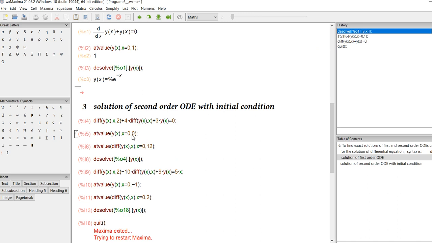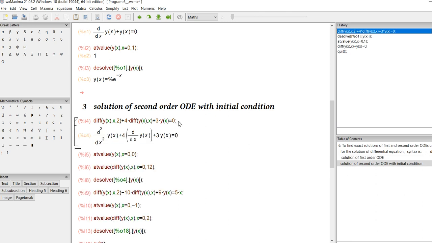Now to find the solution of an ordinary differential equation of second order, again you have to enter first the differential equation of second order. I have already taken this differential equation. This is d square y by dx square plus 4 dy by dx plus 3y of x is equal to 0. First you will solve this manually, and I am entering here y at 0 is equal to 0 and also y dash.